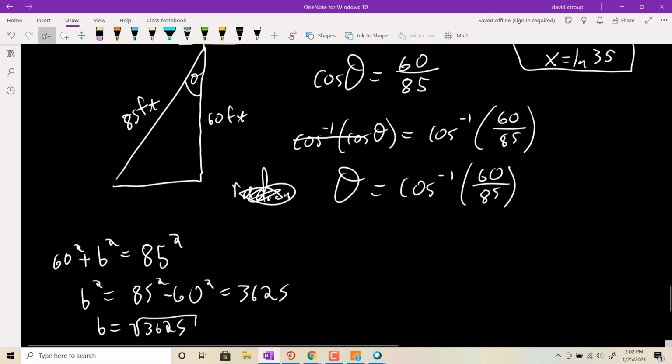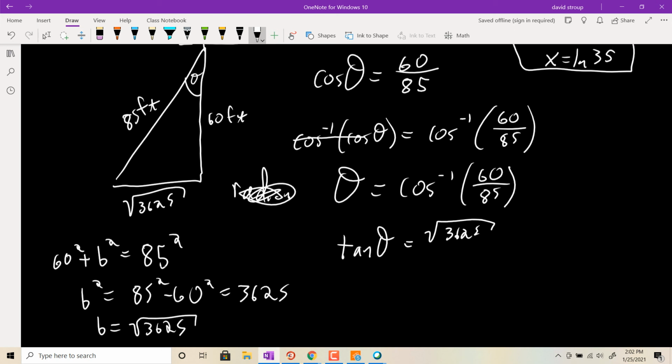And let's see. So you could also say then tan of theta is equal to opposite over adjacent. So you have square root of 3625 all over the adjacent, which is just 60. And then take tan inverse on both sides.